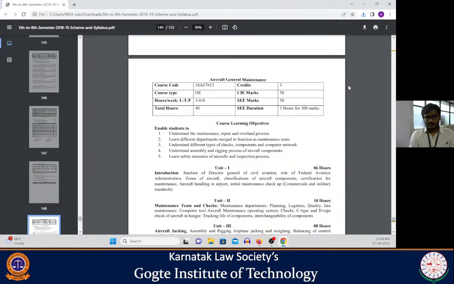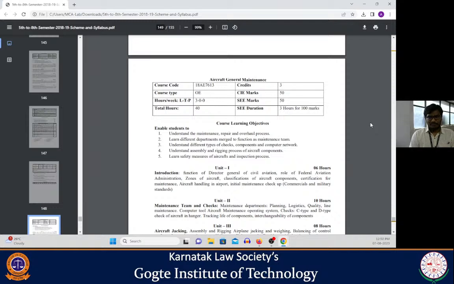The main aim of this course is that every year there are many recruitments from the Airport Authority of India or DGCA, the Director General of Civil Aviation, especially related to aircraft. They expect candidates from different backgrounds like electrical, electronics, or information science and computer science. For those students, we are floating this course to give some basics related to aircraft maintenance.